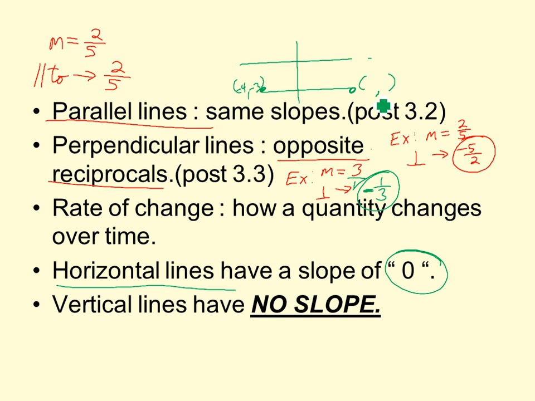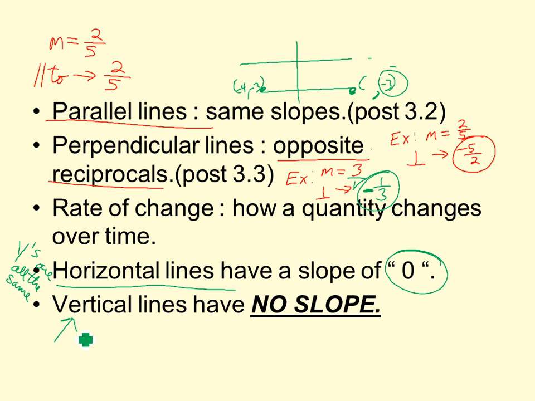Well, this point over here, we might not know how far out it goes, but we do know that it has to go down -3. On horizontal lines, the y's are all the same.